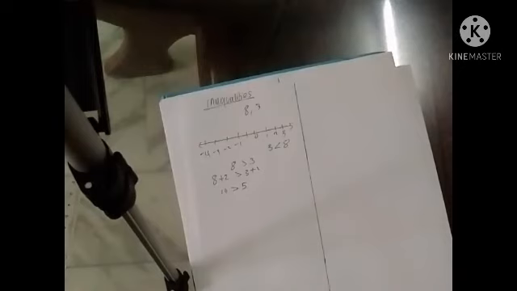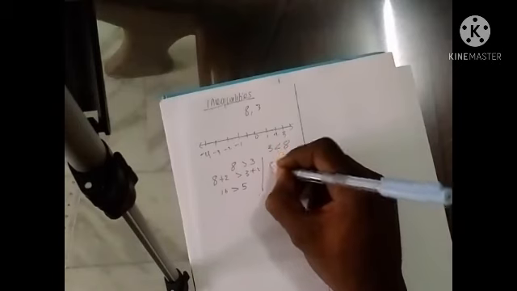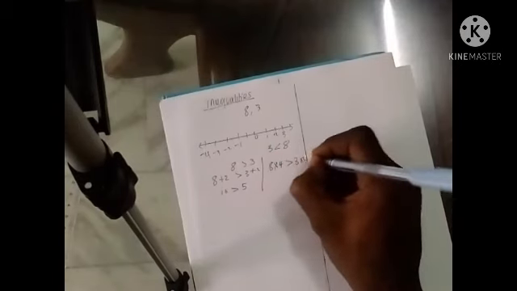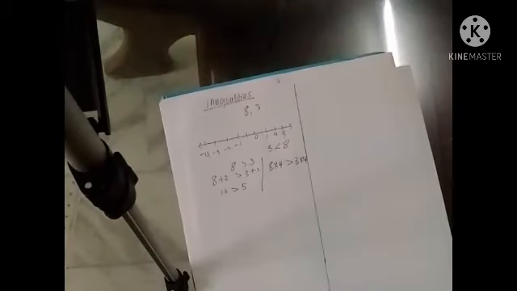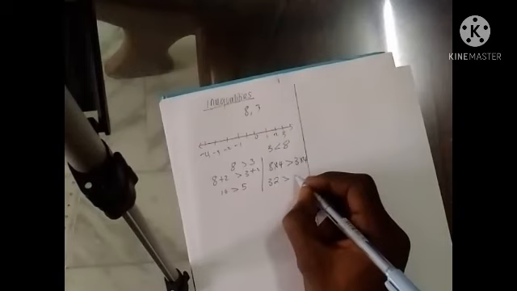Now, the second rule: if you multiply both sides by any value, so far as it is positive, the inequality sign won't change. For example, 8 times 4 is greater than 3 times 4. 8 times 4 is 32, greater than 12.